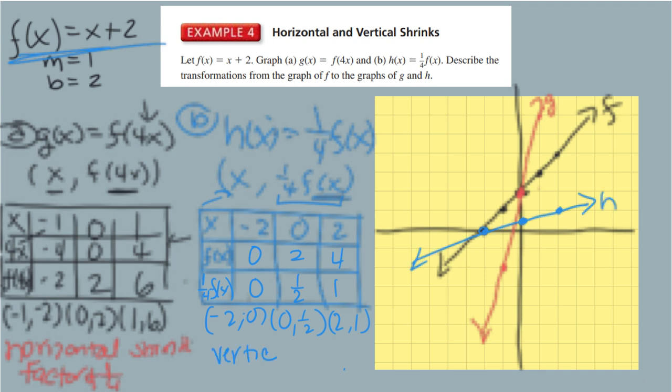Vertical. Because 1/4 is what? What is 1/4? One-fourth is less than 1, right? So it's going to be a vertical shrink by a factor of 1/4.